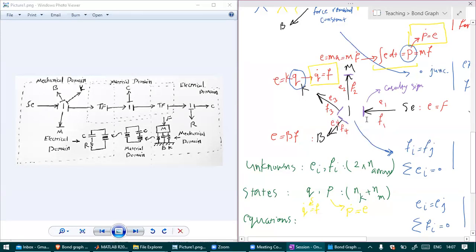If you put the causalities and you end up with a junction that is not satisfied, for example, a one junction with two causalities on the other side, that system is infeasible. So basically, bond graph shows you if a system is not feasible. And those systems are usually singular.